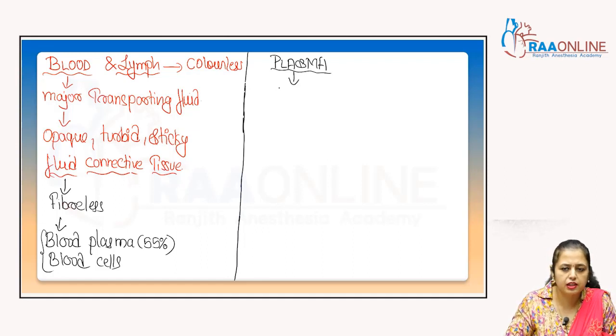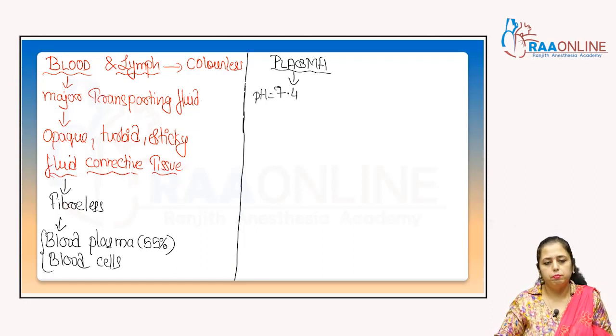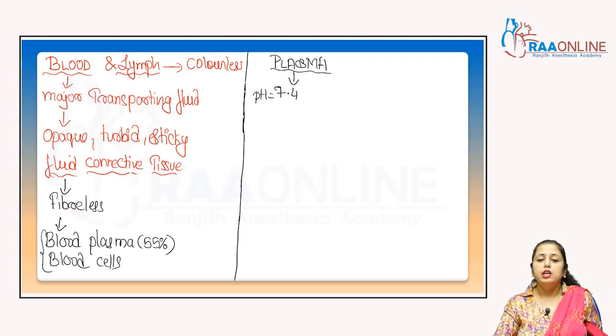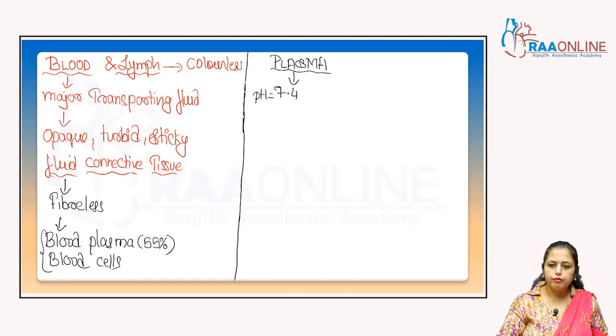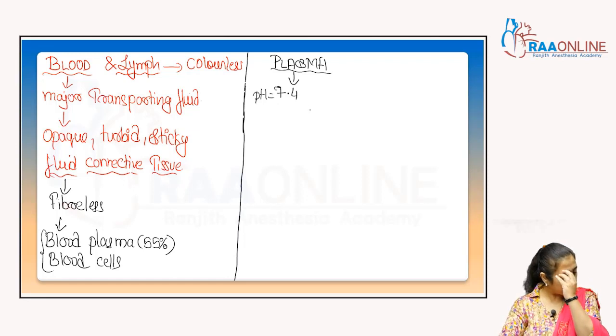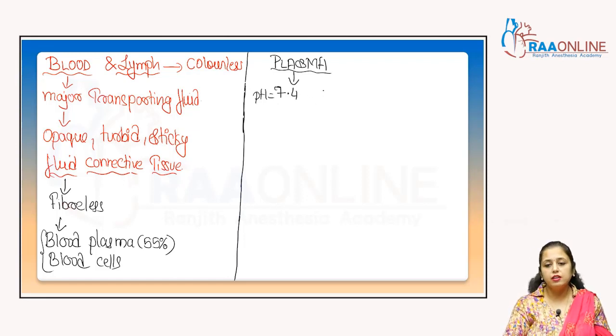It is pale yellowish in appearance. It is an aqueous fluid, and its pH is 7.4. Due to this, the pH of blood is also 7.4. When we take its range, it is 7.1 to 8.5, but as a standard criterion, it is 7.4.